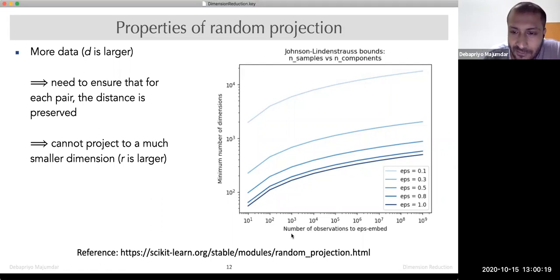So this graph, or set of plots, shows the number of observations to be epsilon embedded, that means the number of points in our data. If it is 10, and this is the minimum number of dimensions we can work with, that means our R, the smaller dimension that we want to project to. So yeah, if it is 10, forget about it. But as soon as it goes to 100, you cannot really do much.